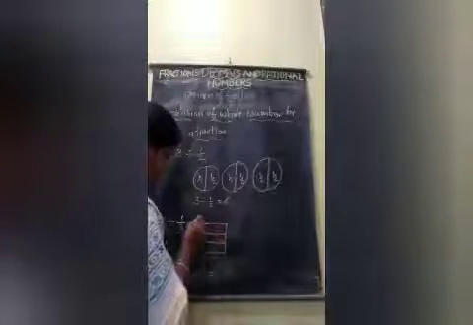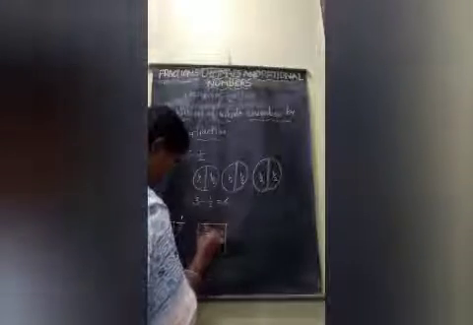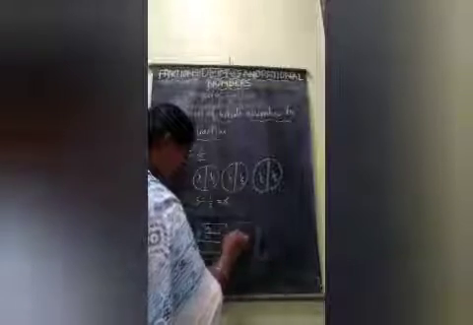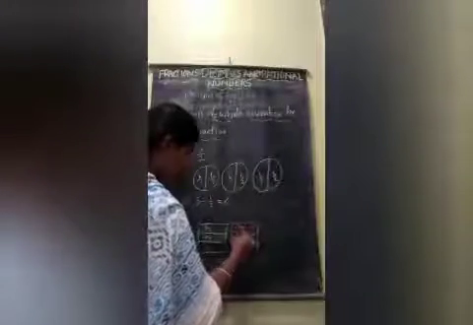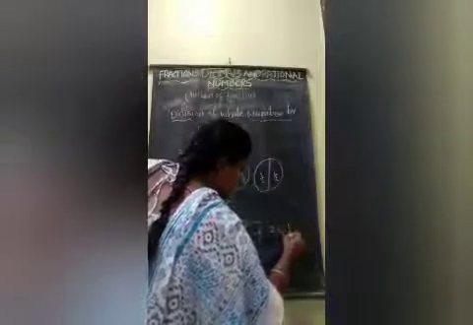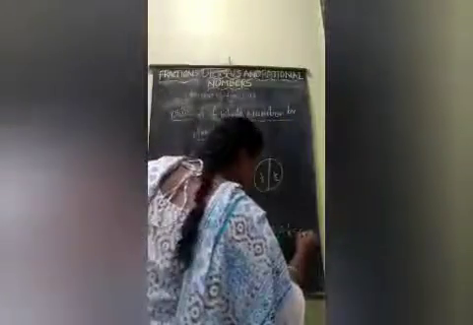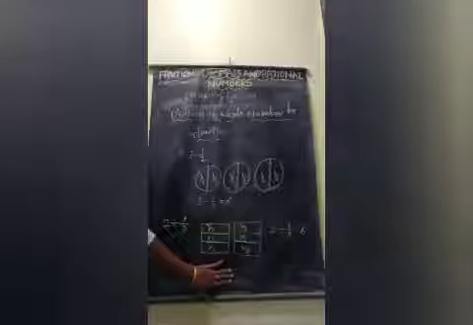One part is 1/3. How many 1/3s are there in this division? 1, 2, 3, 4, 5, 6. 6 are there.